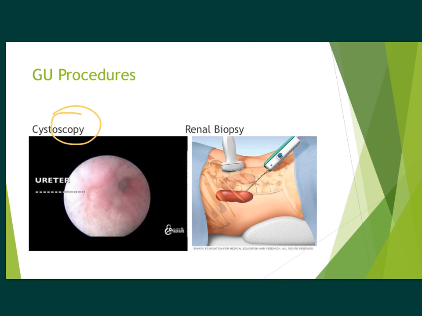Prior to going down, we need to make sure that the patient's clotting studies are within normal limits and that they have not been taking any kind of aspirin or Coumadin or anything that would thin their blood or alter their clotting time. They're going to take an ultrasound, locate the kidney, and then from there they're going to do the biopsy, guided by the ultrasound, as you can see in the picture.